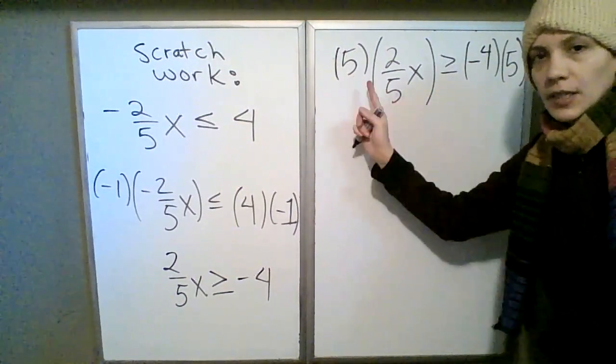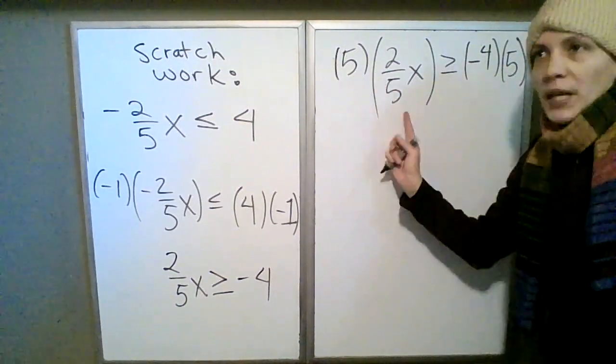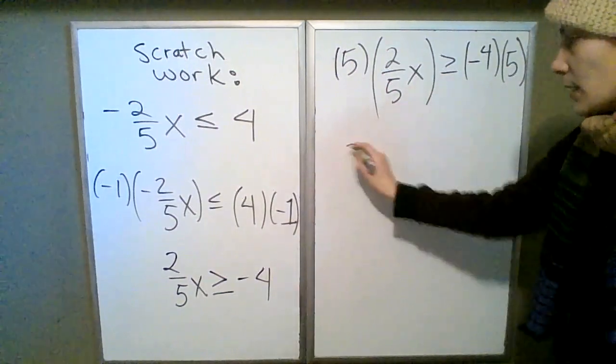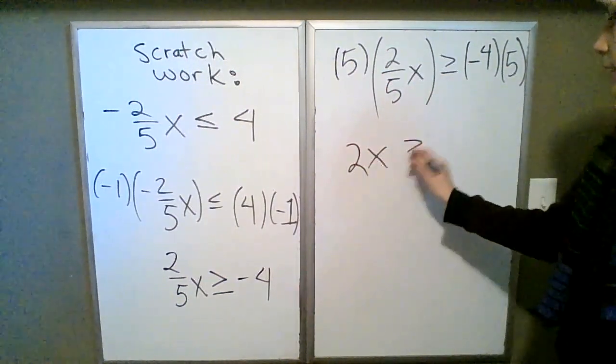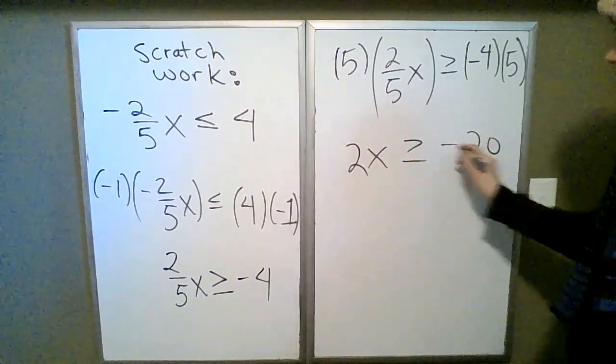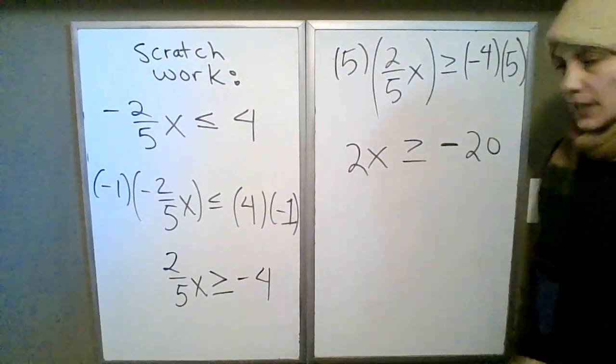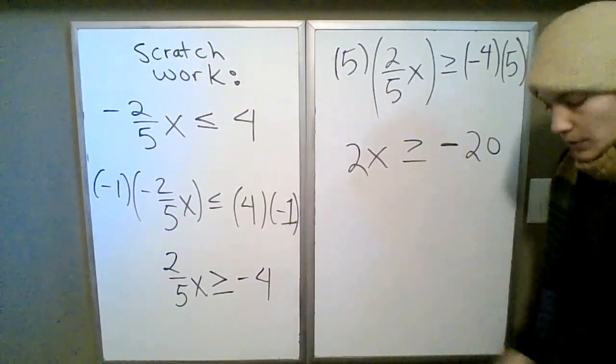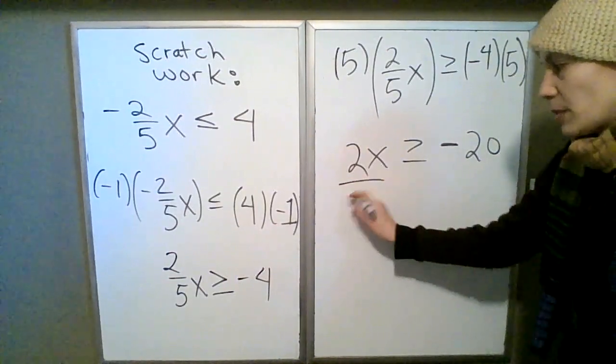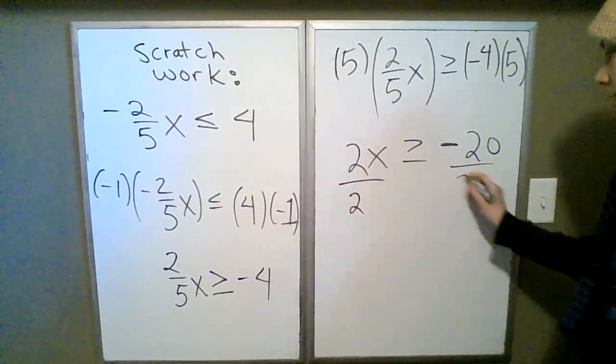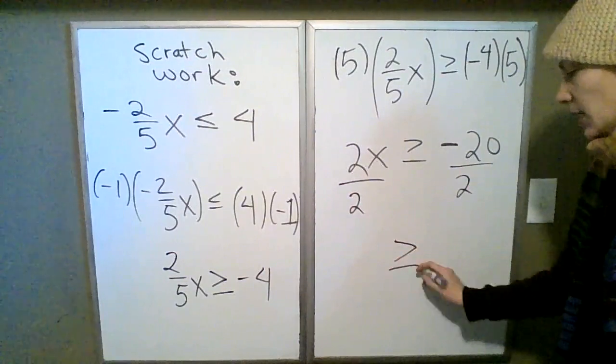That's going to leave 1 times 2x, which is 2x, greater than or equal to -20. All right, divide both sides by +2. So when it's a positive number, you don't have to worry about changing the sign around. It just stays the way it is.